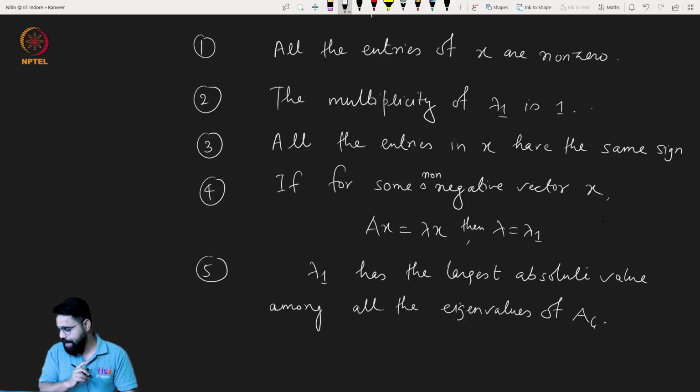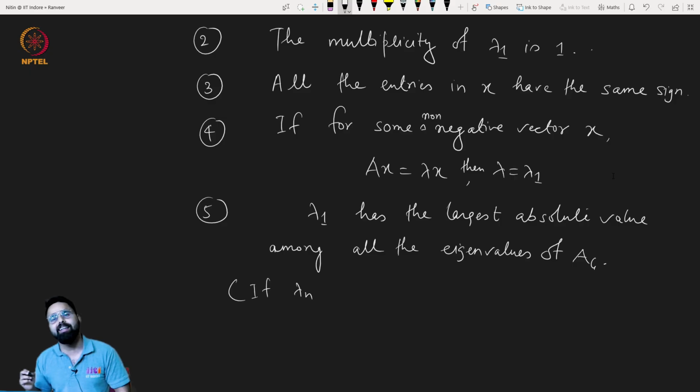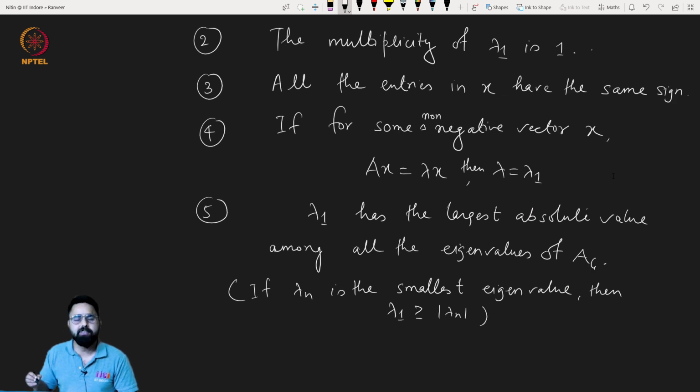Then the last one: lambda 1 has the largest absolute value among all the eigenvalues of A_G, which essentially means, if lambda n is the smallest eigenvalue, we have to prove that lambda 1 is greater than or equal to the absolute value of lambda n. So these two statements are the same.